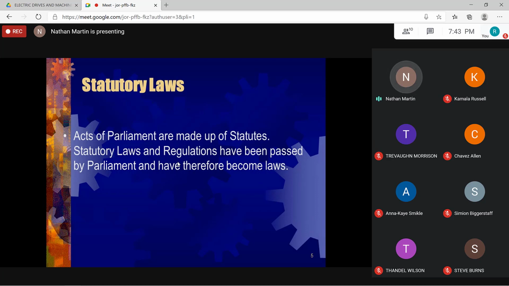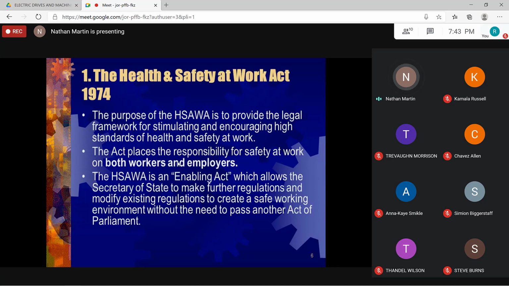So a non-statutory law really now is our code of practice. What I mean by code of practice, before we get into health and safety at work: a code of practice is something that has been passed on from generation to generation.